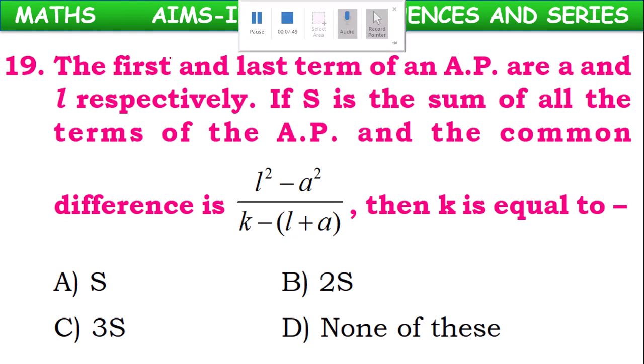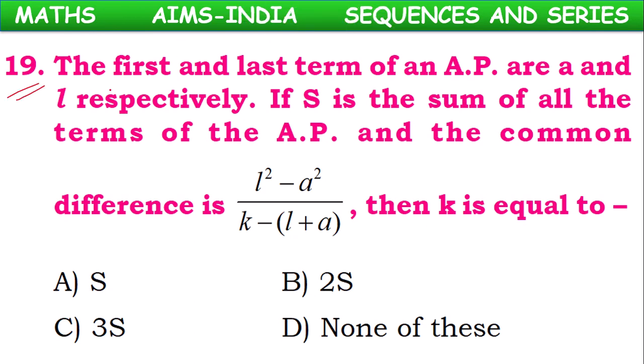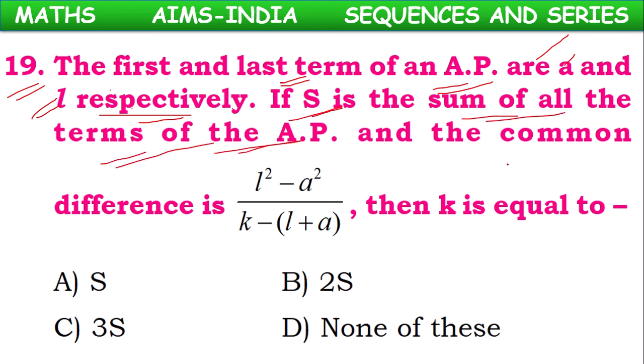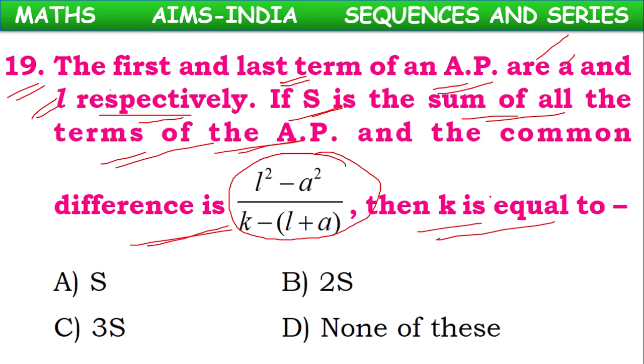Next one, 19th question. The first and last term of an AP are small a and small l respectively. If S is the sum of all the terms of the AP and the common difference is (l square minus a square) by (k minus l plus a), then what is the value of k?